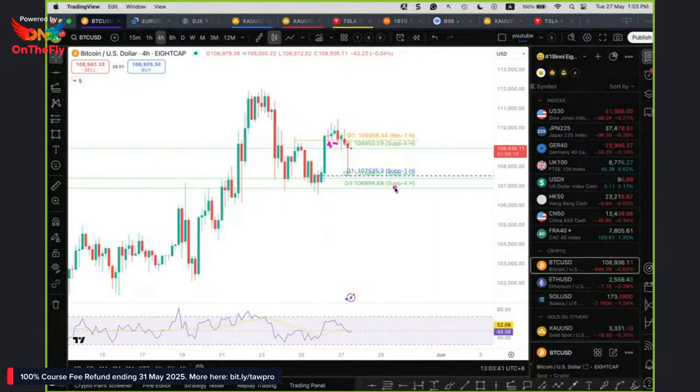But anyway, it's a support level. So look for a more extended correction along this support level. That means 106.98 is the optimal support level at this moment. As long as it stays above 106.898, it is still going to be a long BTC.